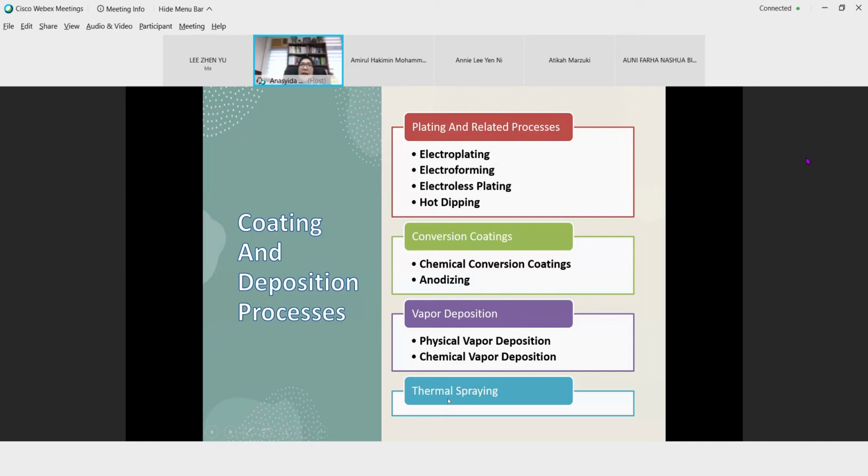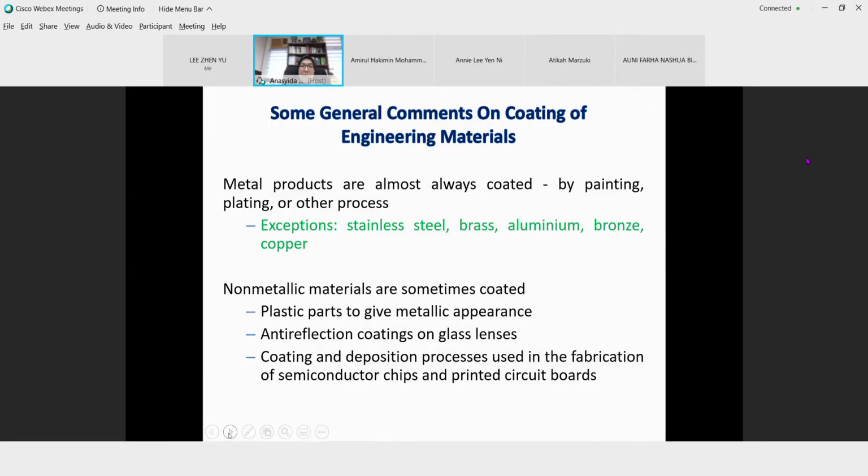We have high velocity oxygen fuel, HVOF, and also the common one, flame spraying, where you use ceramic and spray it on the surface of your material. Most of these processes are used for wear resistance. All right, so we will go for electroplating first.